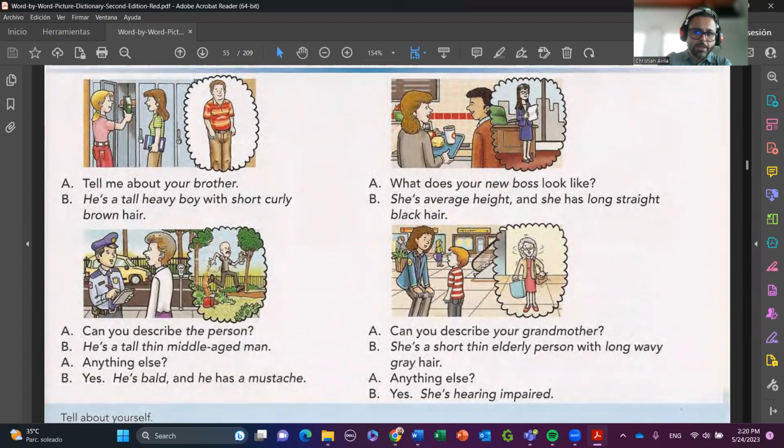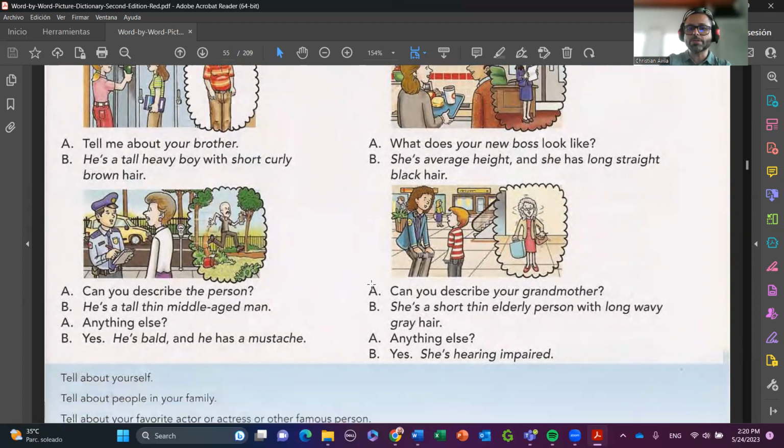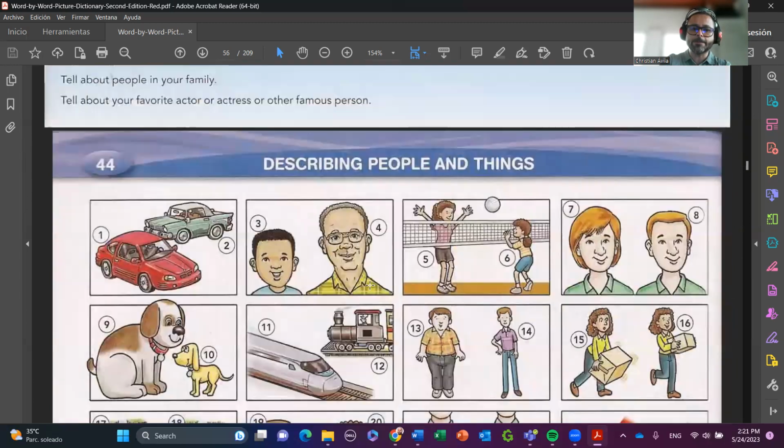In this other one right here, I hope you're looking at the cursor, there's a lady describing to a police officer how the thief who stole her belongings looked. She is saying that he's a tall, thin, middle-aged man, and then the cop asks, anything else? Yes, he's bald and he has a mustache. Okay, so all these are descriptive words, and you have all this information right here.